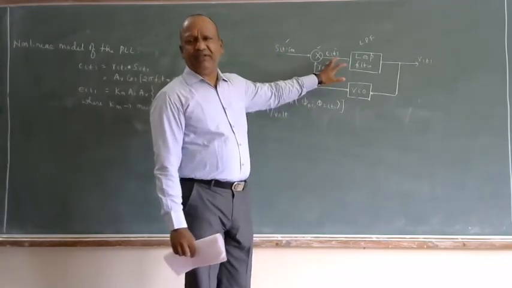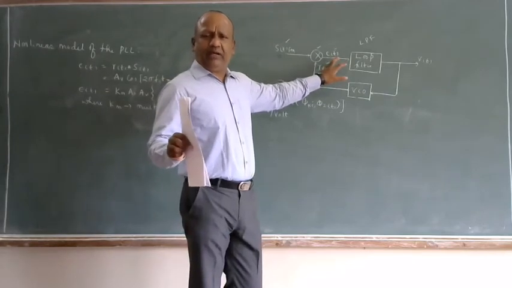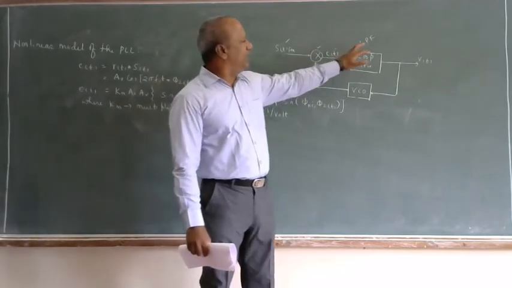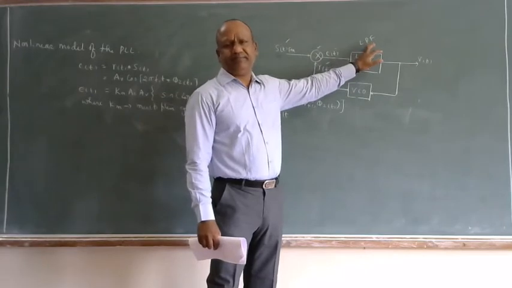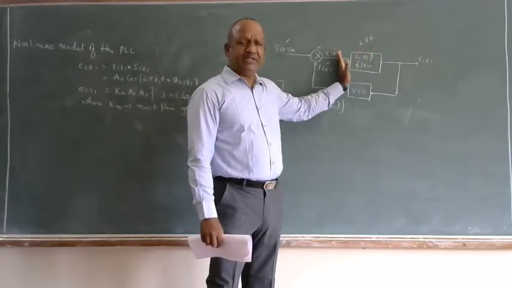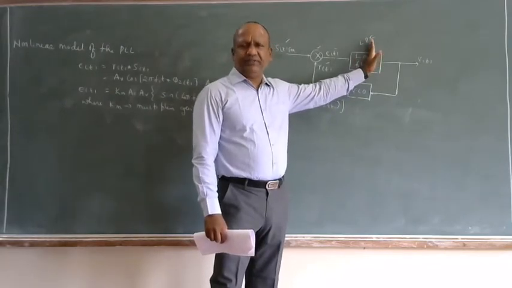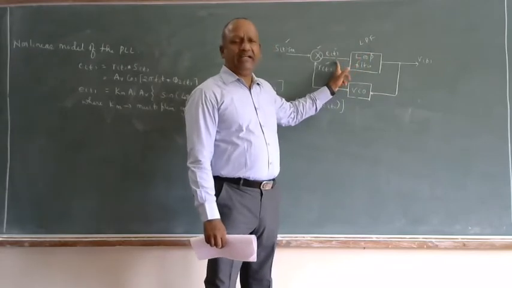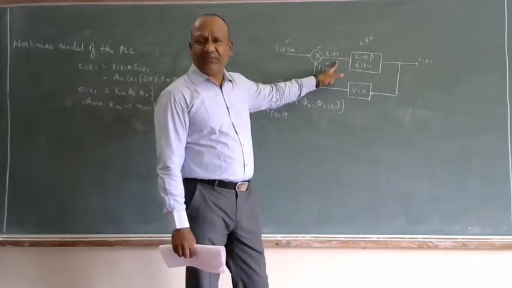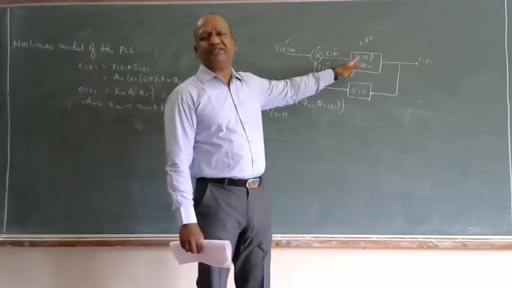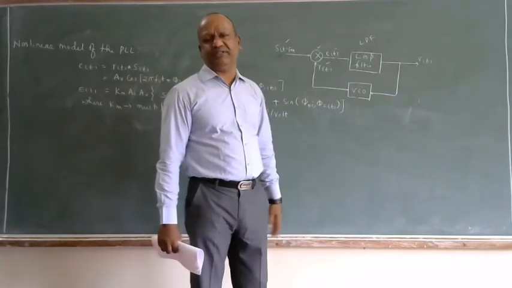Input is E of t containing high frequency component and low frequency component. As my low pass filter is the next block, the action is low pass action. So it perfectly attenuates the high frequency components and passes only the low frequency component.